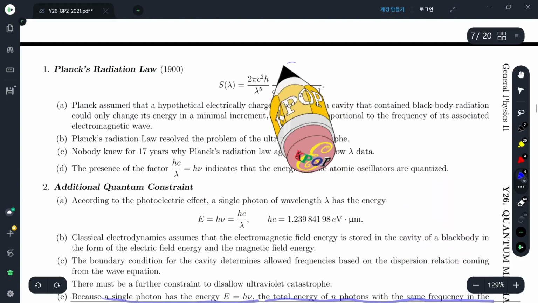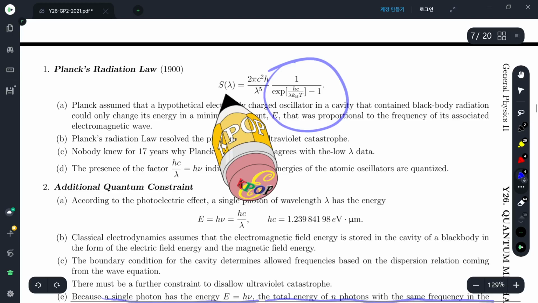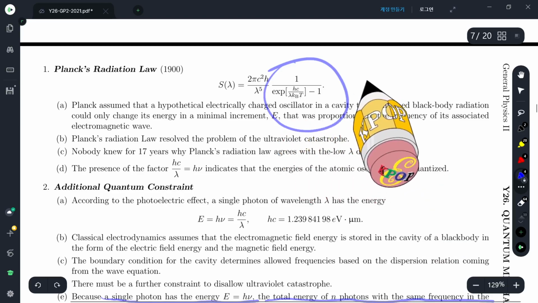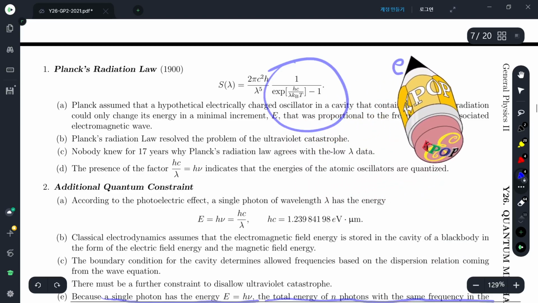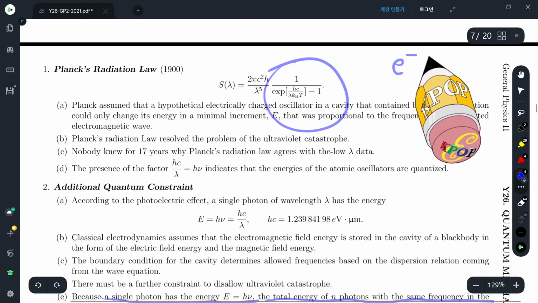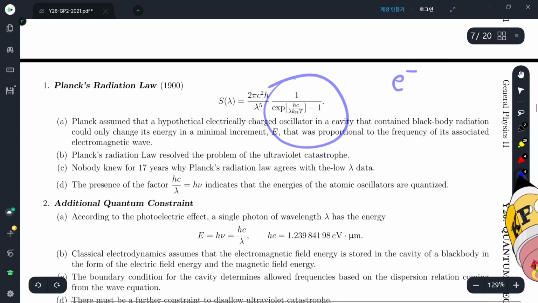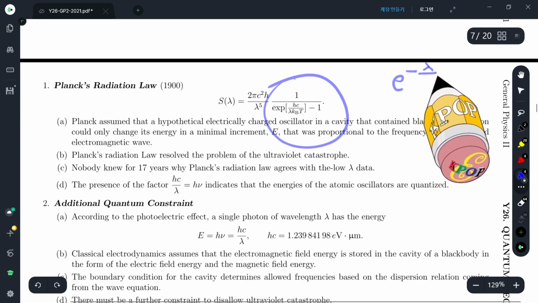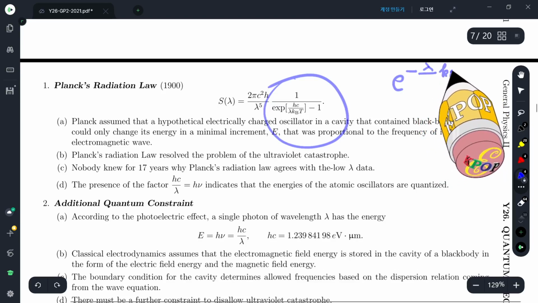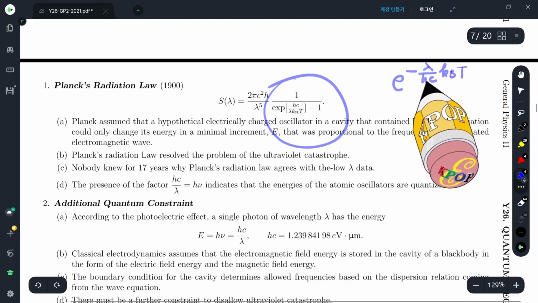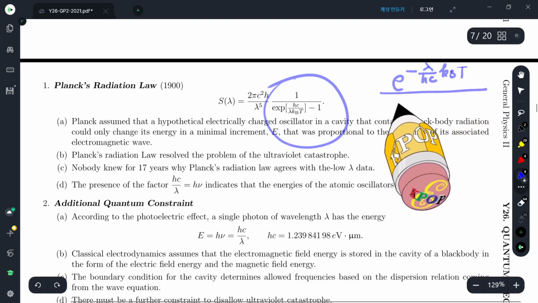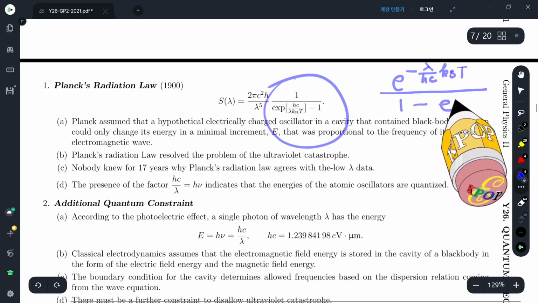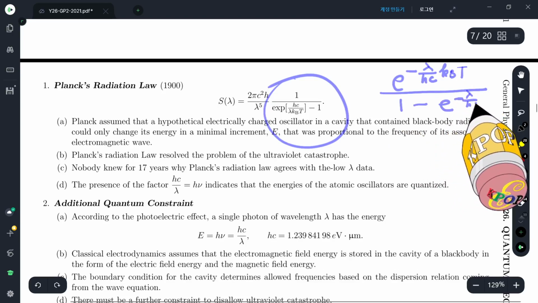And the overall factor that contains the exponential, we can rewrite this factor as e to the minus lambda over kT hc, over 1 minus e to the lambda over hc kT.